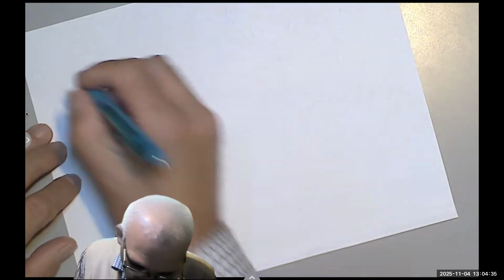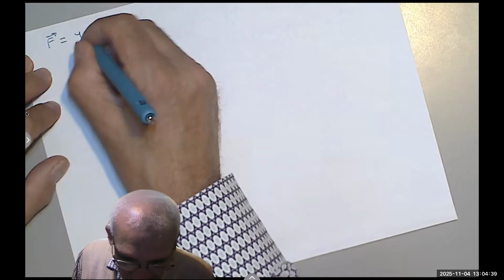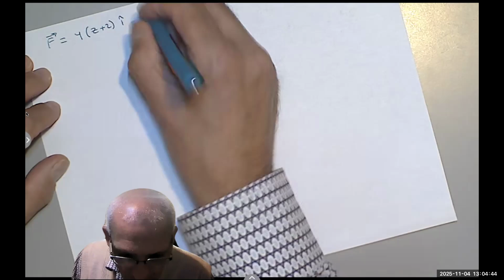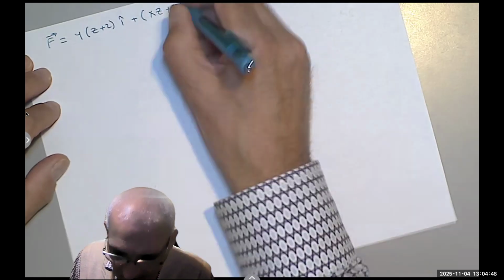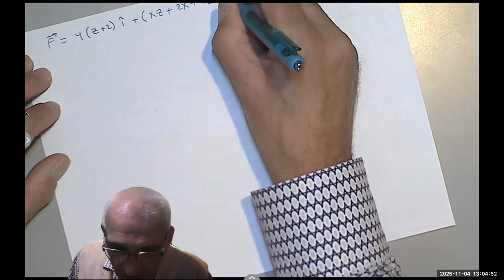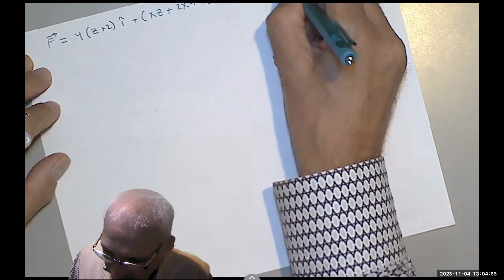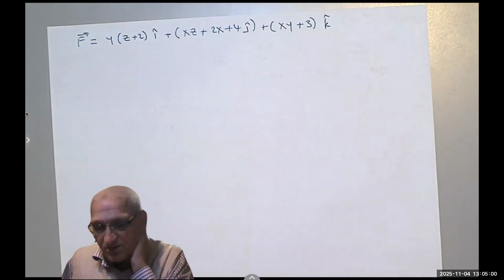So in this example, they tell you F equals (yz plus 2)i plus (xz plus 2x plus 4)j plus (xy plus 3)k. And we want to check to see if this is a conservative field.